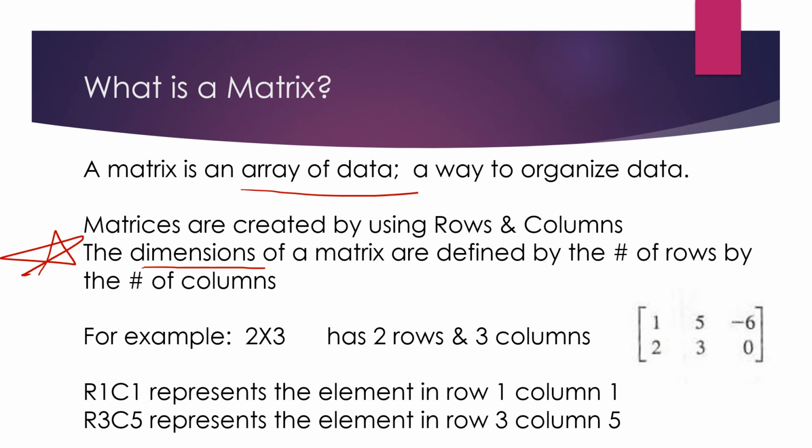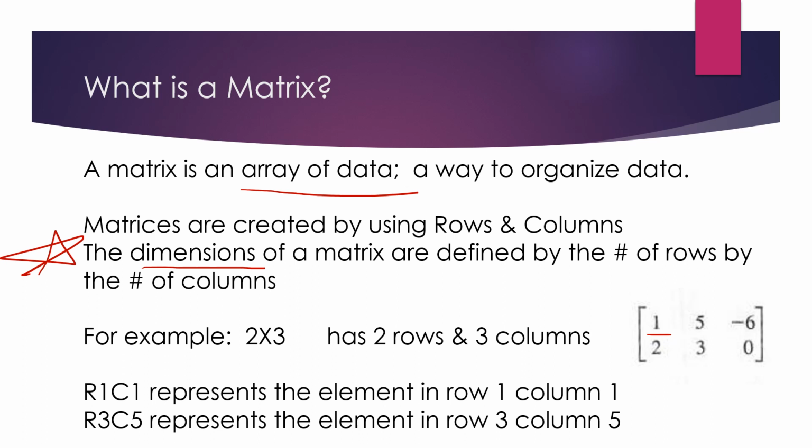So in this example that we have down here in the right-hand corner, 1, 5, negative 6, 2, 3, 0, you'll notice that I read the elements of row 1 first, followed by the elements of row 2. And the notation down in the bottom, R1C1, represents the element in row 1, column 1, which would be, in this example, a 1.